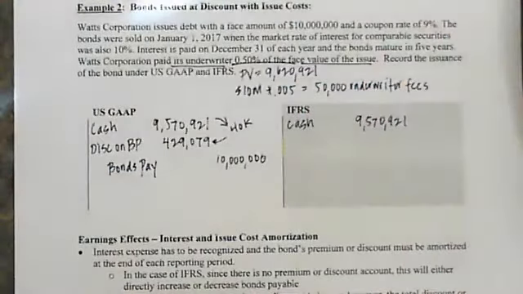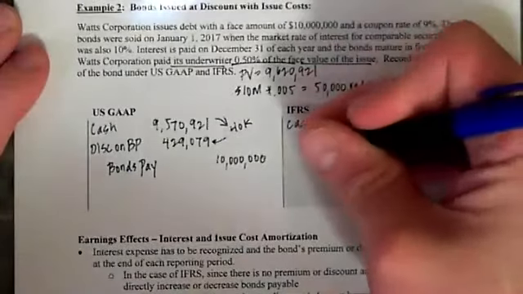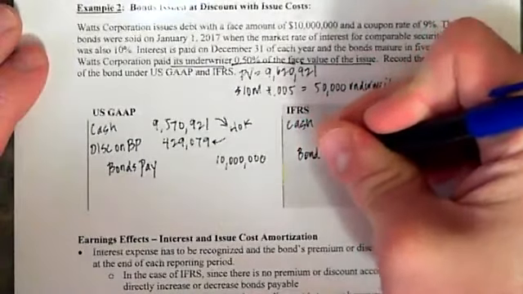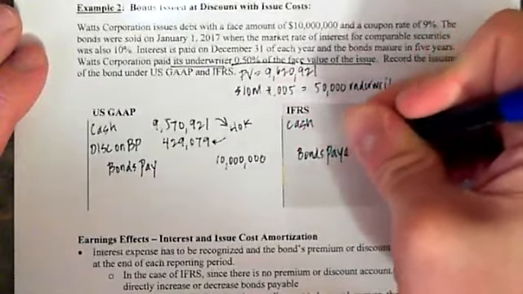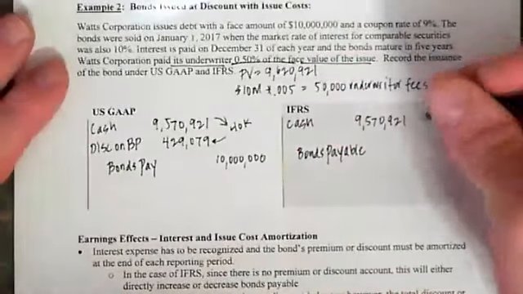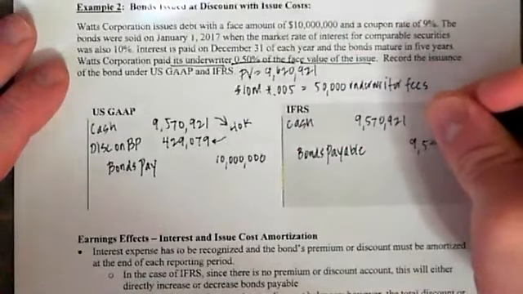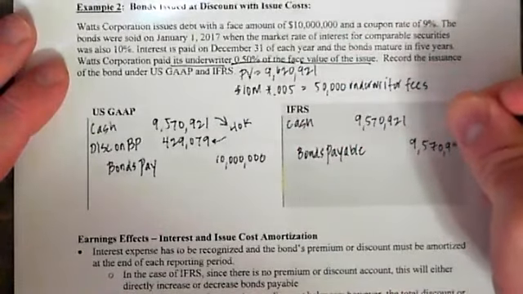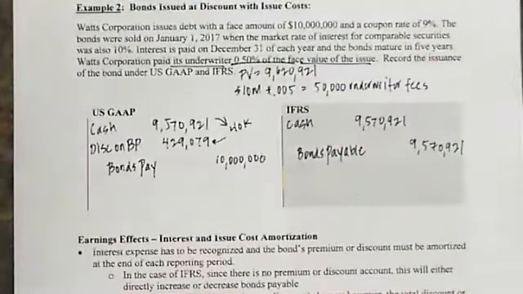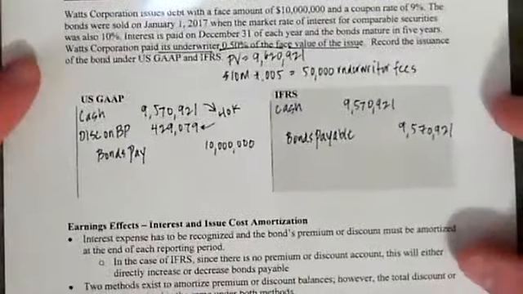But what they're going to do is, since US GAAP added it to the discount, we're just going to subtract that whole amount from the bonds payable account directly. And then we will have a credit to bonds payable that equals the cash amount that we debited.